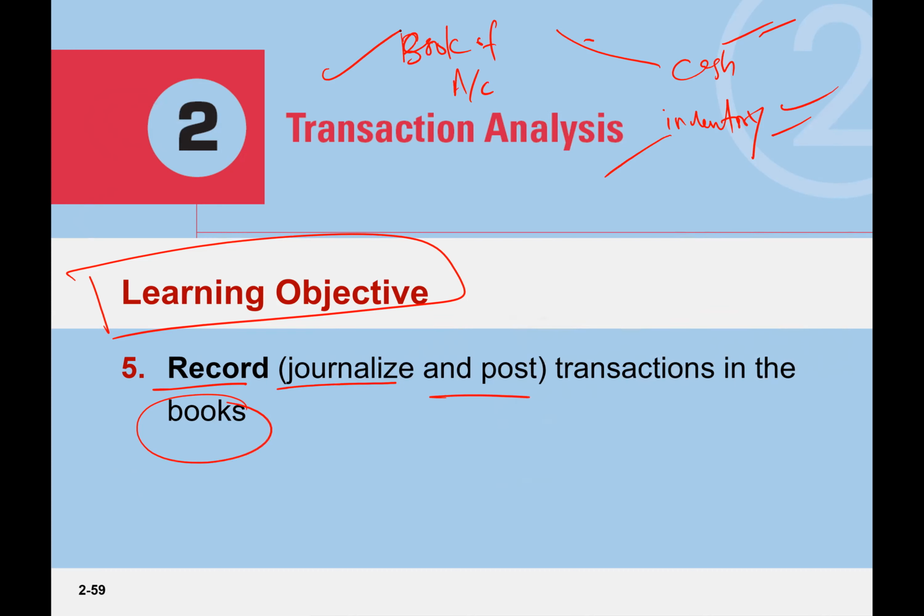Since the innovation of all the ERPs, the enterprise resource management, you just enter, because there are different algorithms and different software, and everything goes automatically to the accounts, and then you just print it and post or maintain the books accordingly.